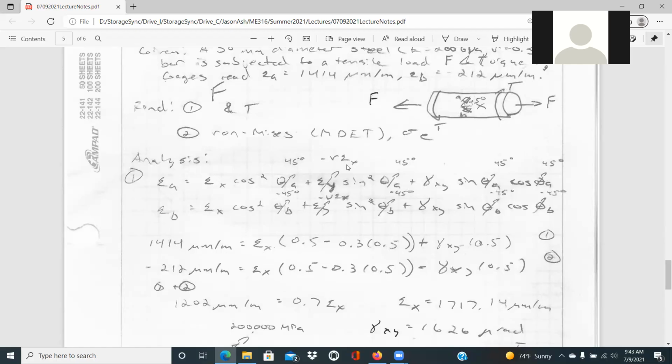And so it breaks it down into 2 equations and 2 unknowns. We know strain of A, strain of B, so our unknowns would be strain in the X and gamma XY.